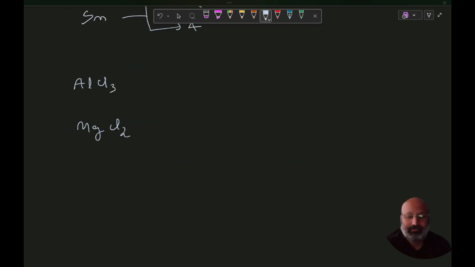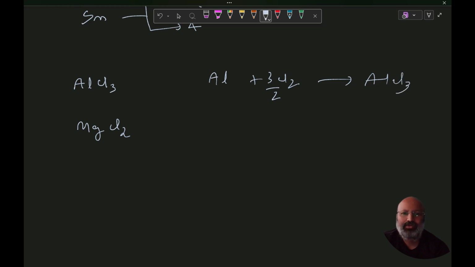Now coming to the n factor of a salt. Now, if you try to understand the formation of AlCl3, then separately you can write it like this: aluminium plus 3/2 Cl2, and they are converting into AlCl3. So during this process, you can see the total electrons lost by aluminum is 3 electrons. Okay, that is lost.